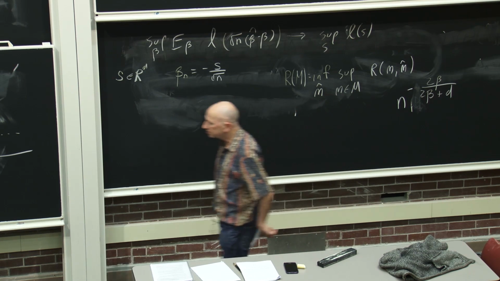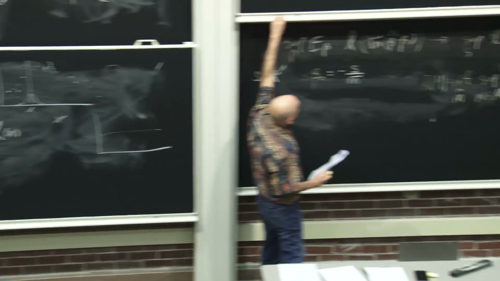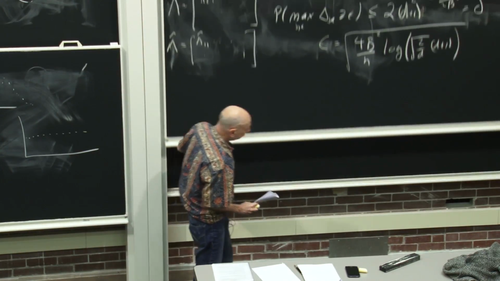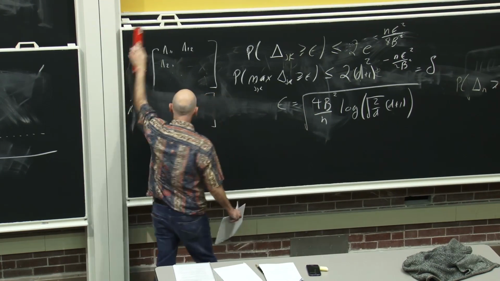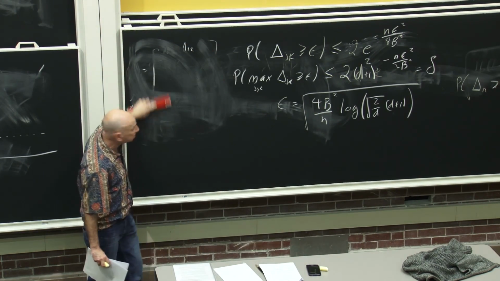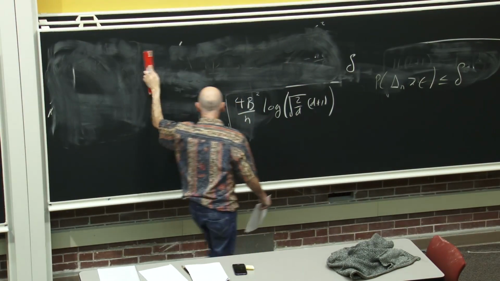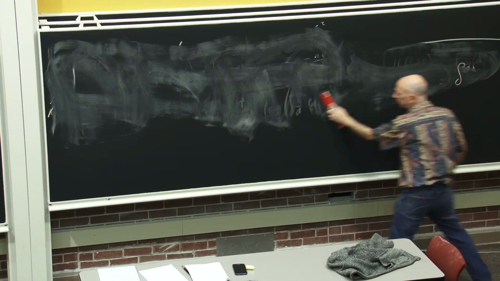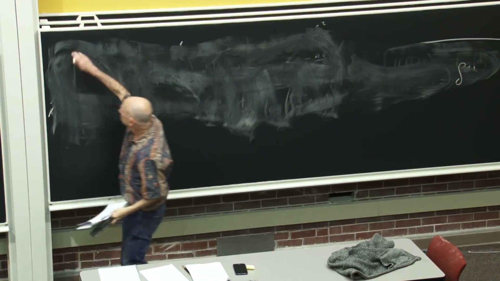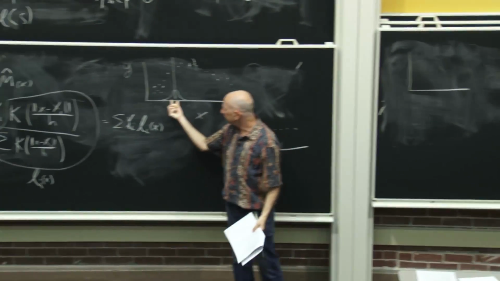What really matters is this bandwidth h, because as h goes to 0 or infinity, you're going to get very bad predictions if you're thinking about it from the prediction point of view, or a very bad function estimator if you're thinking about it from the point of view of estimating the function.